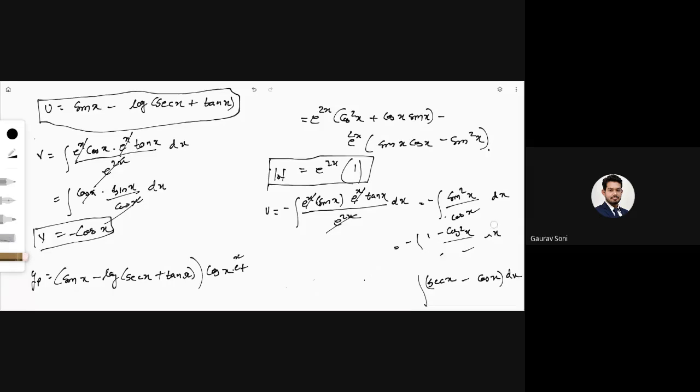The value of v is minus cos x into sin x e to the power x. The other one will be minus cos x into sin x e to the power x. The final solution y is equal to yc plus yp, that you can write down on your own.